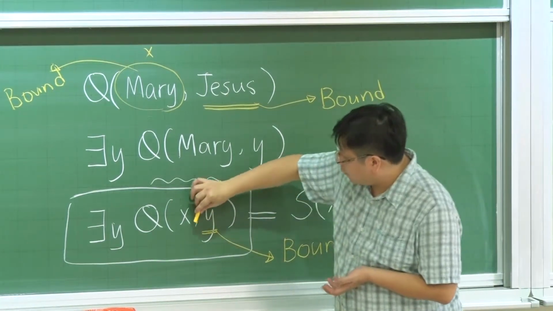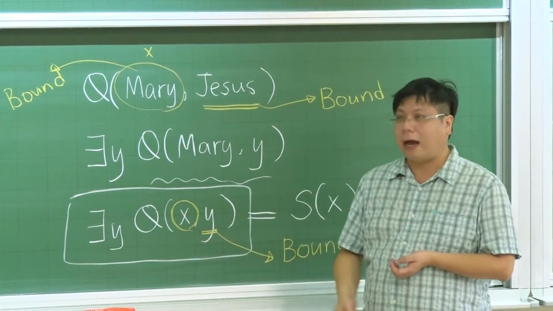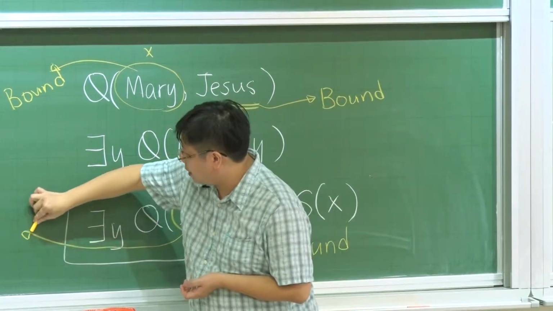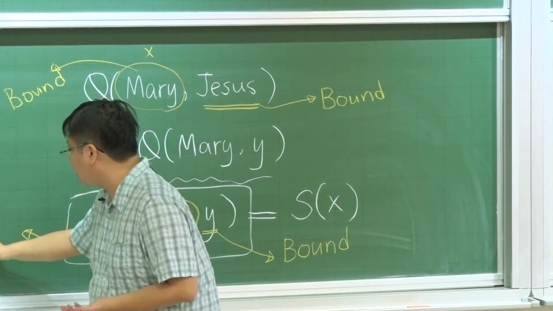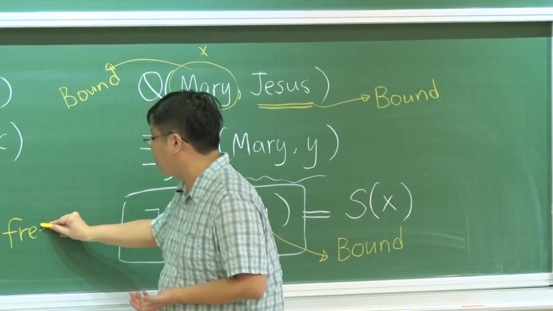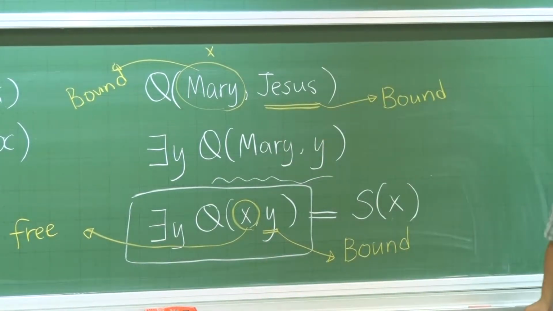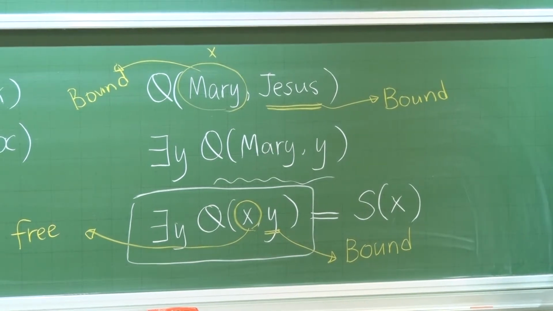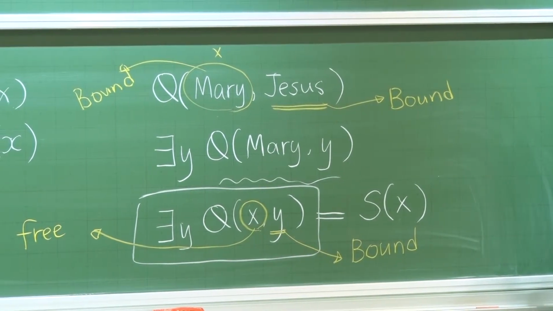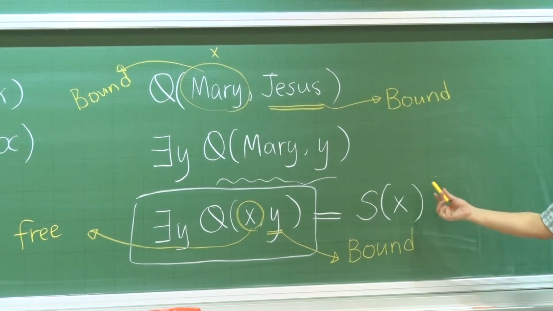Otherwise, if there is something we do not bind, this is called a free variable. If something is free inside a propositional function, then it is still a propositional function.